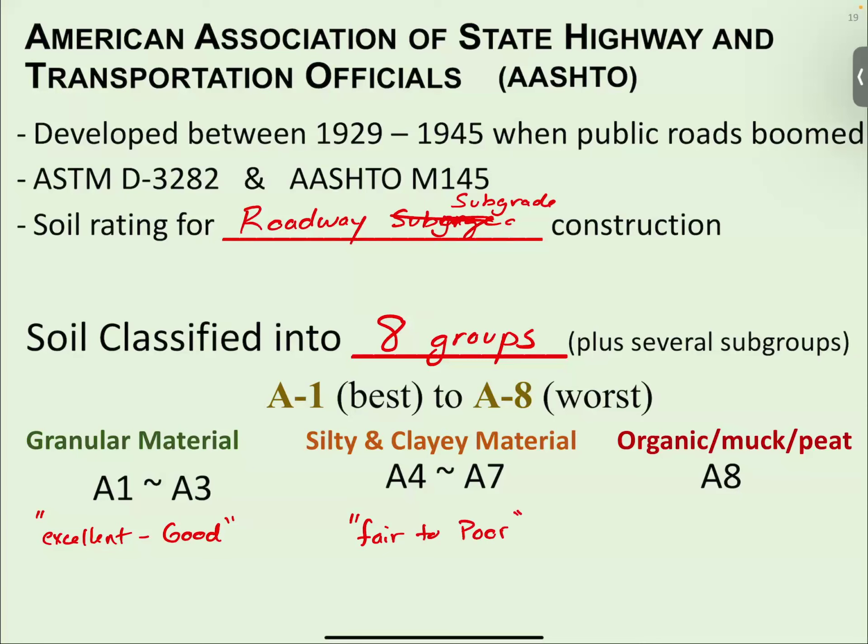And then A8 is going to be our muck, organic, and peat. If you have A8 soil, or organic soil, then most of the time they're going to have you remove it from the site and bring fill material in. So you can't necessarily use it. A8 is the worst case. So it's a little bit more intuitive: A1, good stuff, all the way down to A8, which is bad stuff.